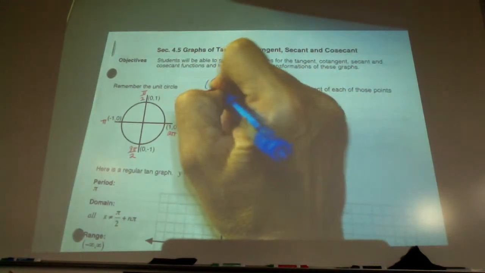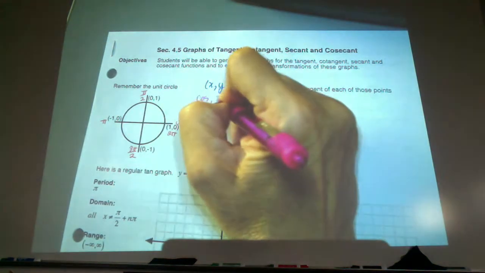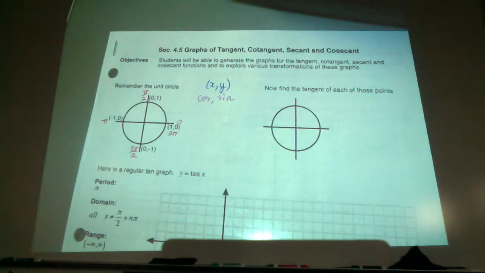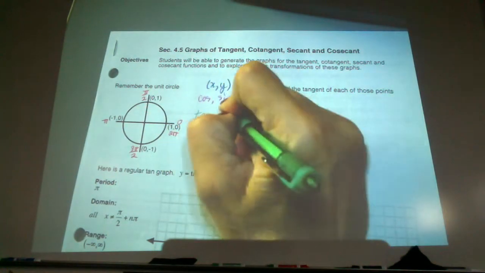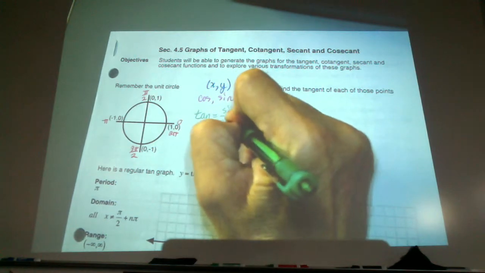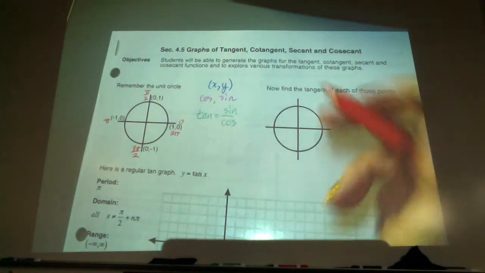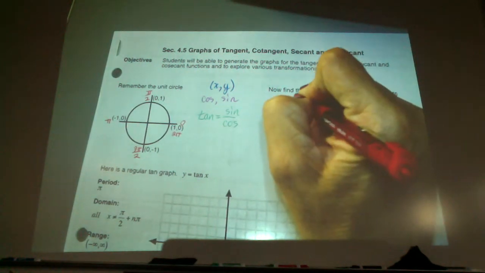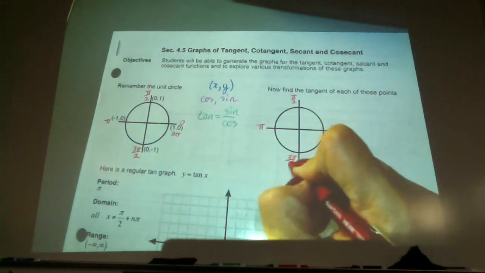Remember, our ordered pairs of x and y relate to cosine and sine. And so tangent comes from sine divided by cosine. That's all stuff that we talked about before. So let's find the tangent of each of those points. So again, here's your points: 0, pi over 2, pi, 3 pi over 2, and 2 pi.